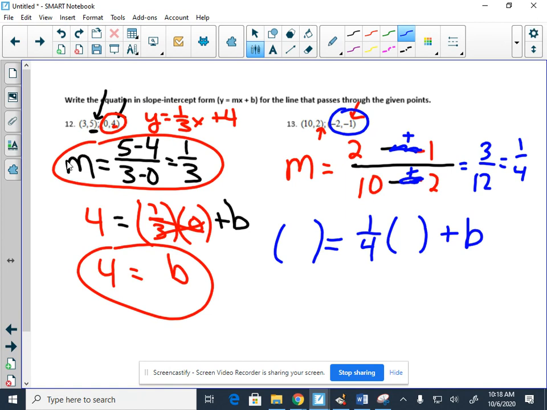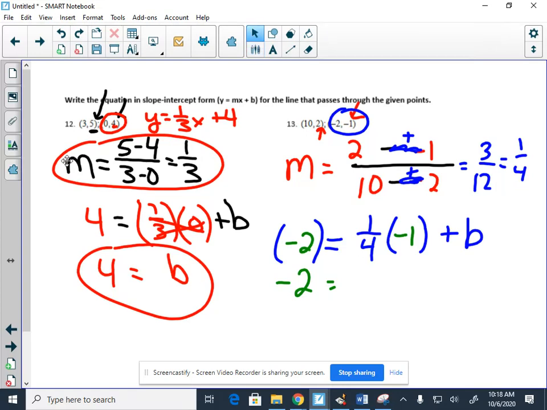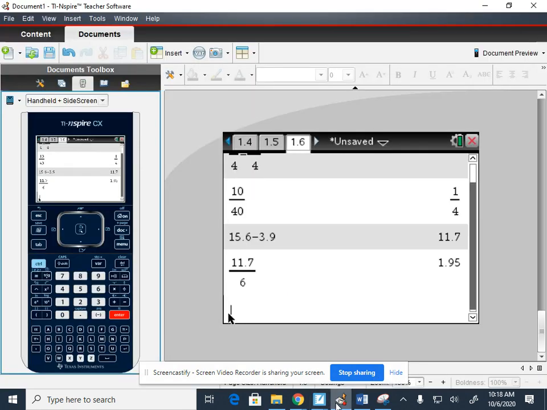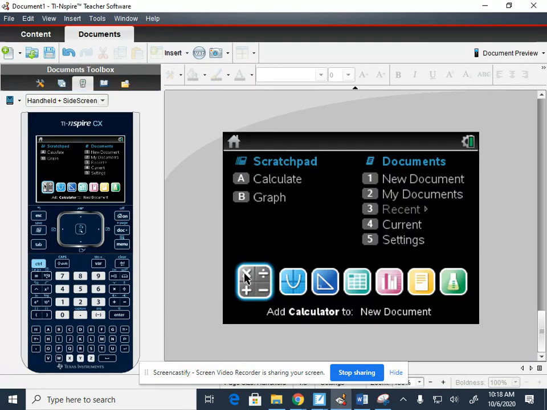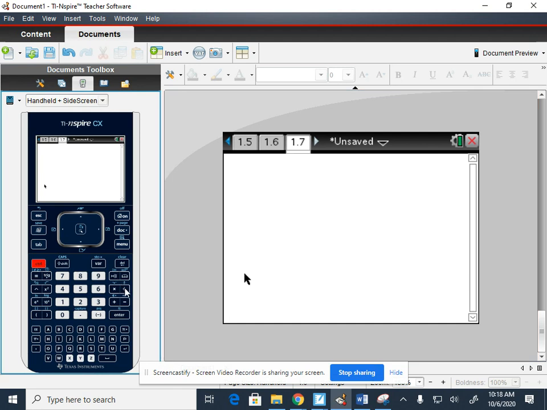And x here is -1, and y is -2. So -2 equals 1/4 times -1. So I'm going to go ahead and multiply that in the calculator. If you can't do it in your head, use a calculator, type it on the computer.